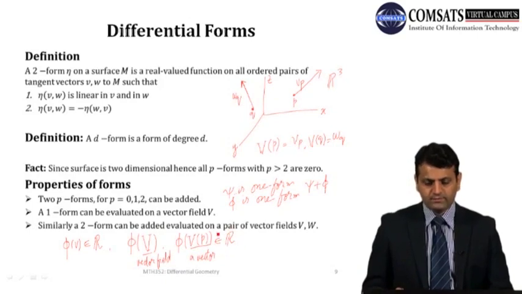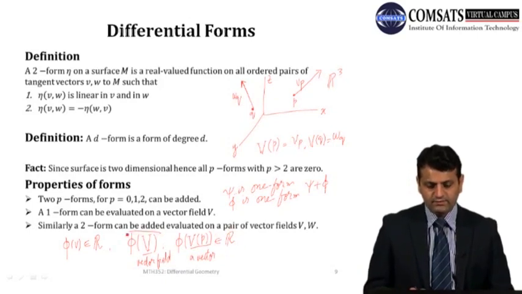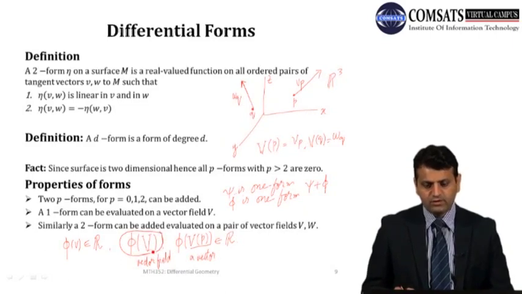So in other words, for this function, what is input? Input are points of R3 and what is output? Output is a real number. So you can say that phi of V, where V is the vector field, is a function on R3 and the output is a real. So it is a real valued function on R3.